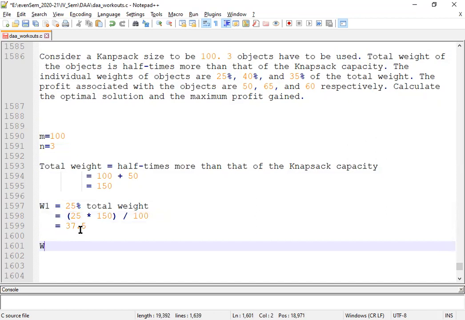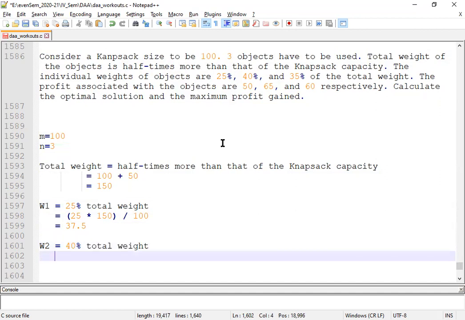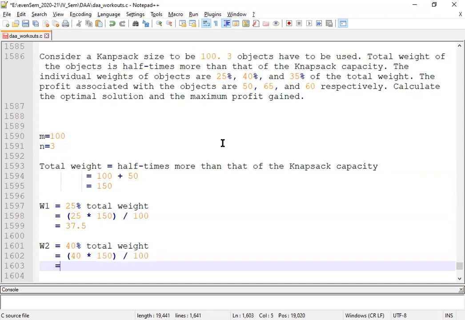In the same way, let us calculate the second object's weight. W2 is 40% of the total weight. Again, it is going to be 40 multiplied by 150, then divided by 100. If we solve this equation, we are going to get the weight of W2 as 60.